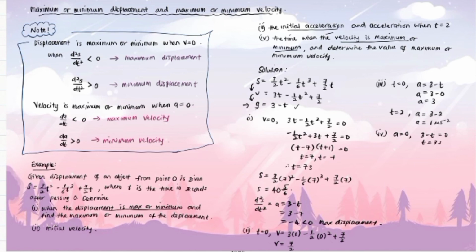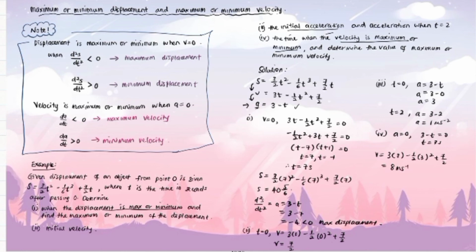So from the velocity function, substitute t is equal to 3. Okay, 3 times 3 minus 1 over 2, 3 square plus 7 over 2. You will get 8 meter per second for velocity.